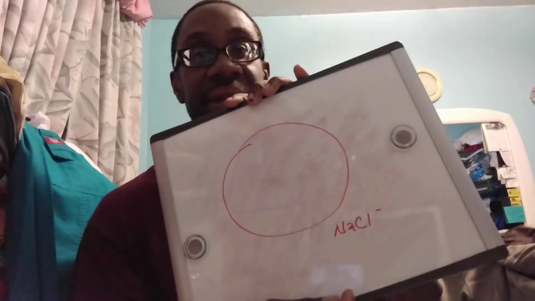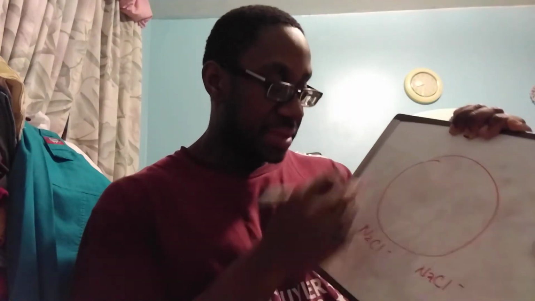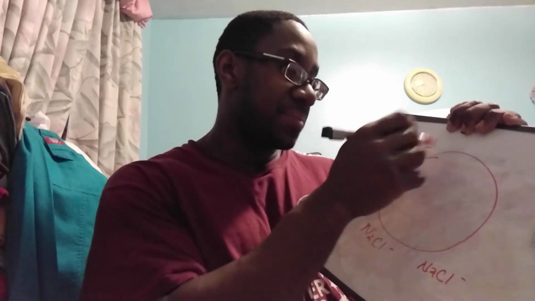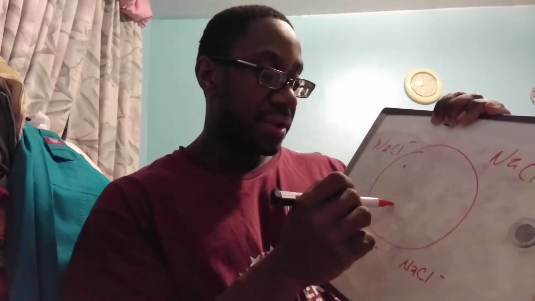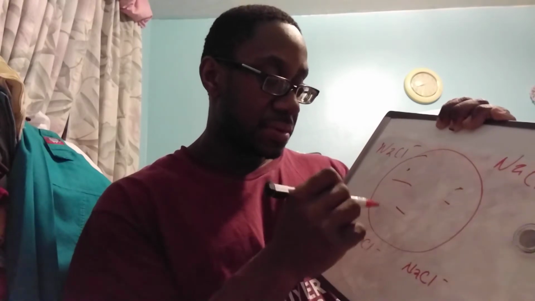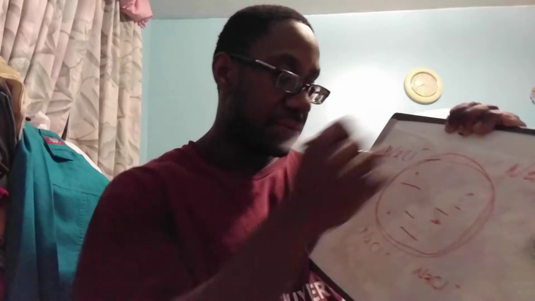So what cells would do, a cell would see NaCl. So you see a lot of salt outside of the cell. So you have little organelles, cell membrane.